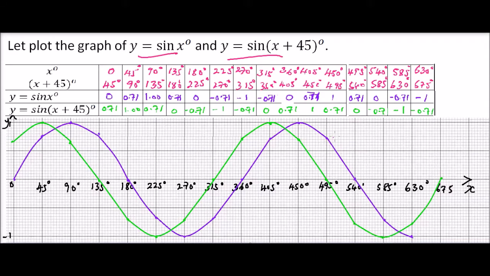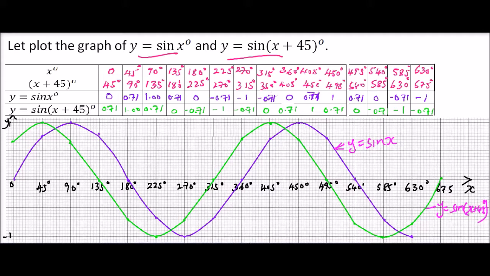These are the graphs that I have come up with. This is a graph of y = sin x, and this is a graph of y = sin (x + 45 degrees).